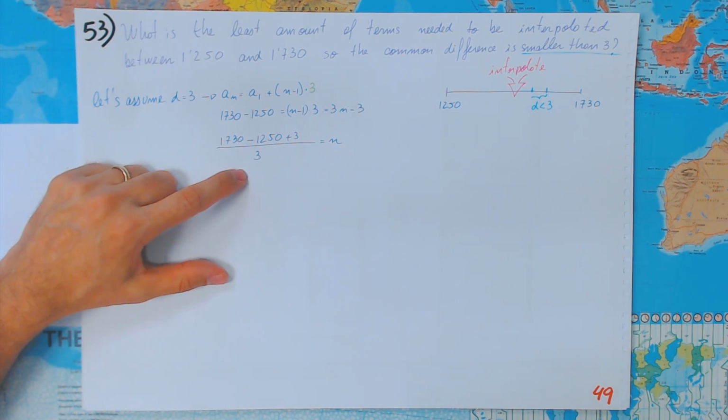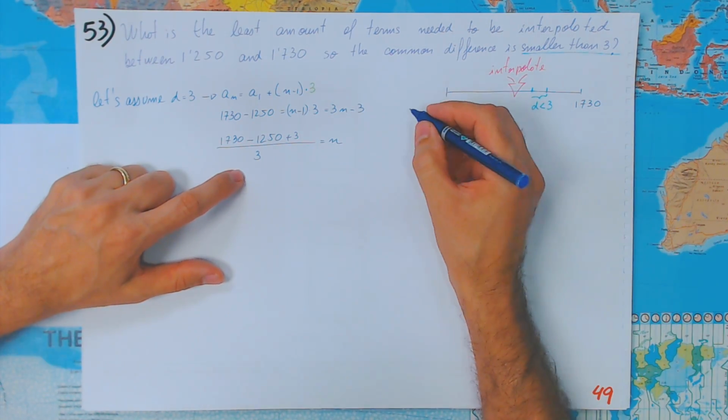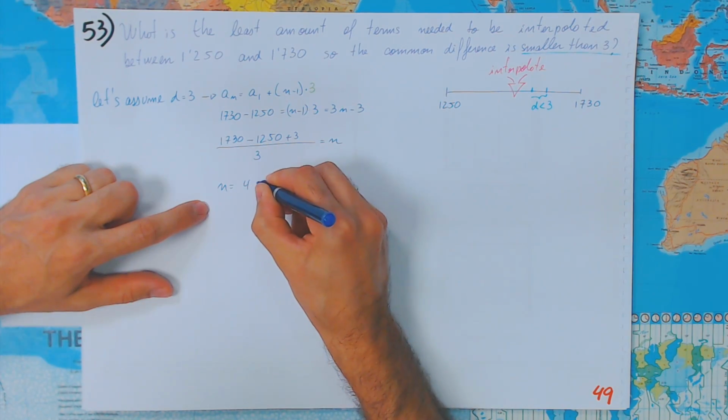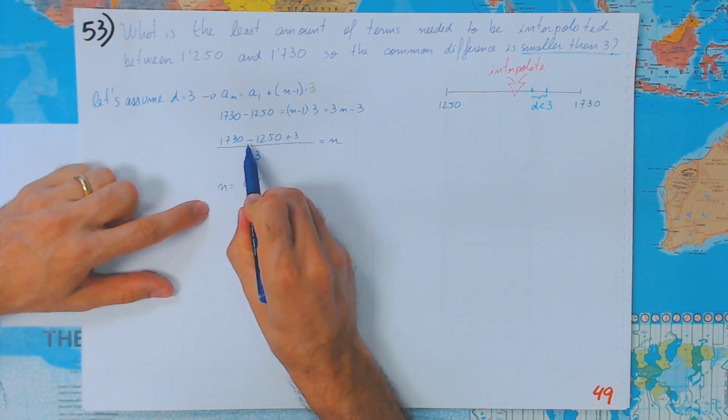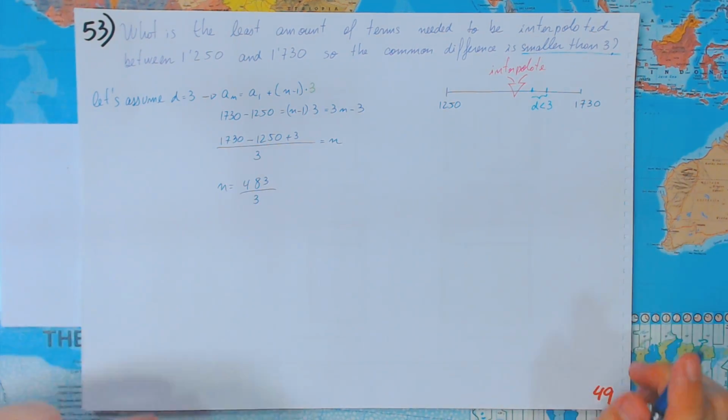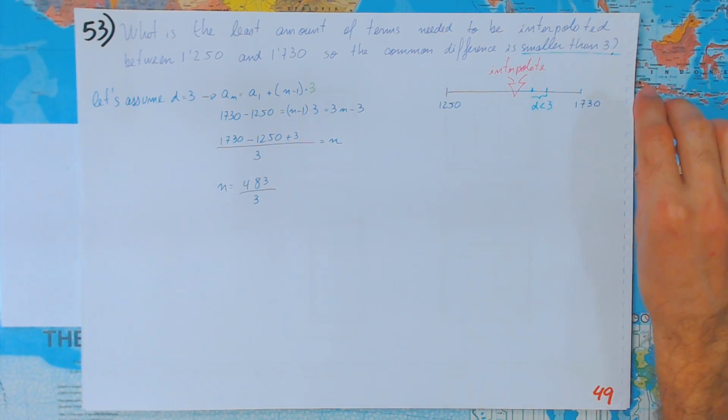Okay, now when we do the math in here, we're going to get 483. Let's put it like this. This is 480 plus 3, 483 divided by 3. Well, let's just think, okay? I always like to remember things.